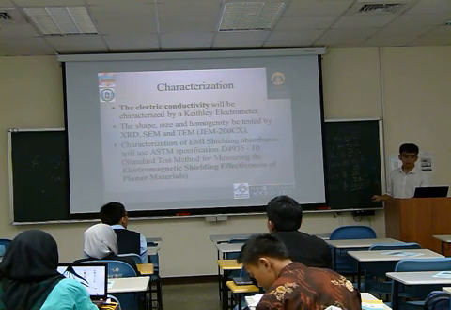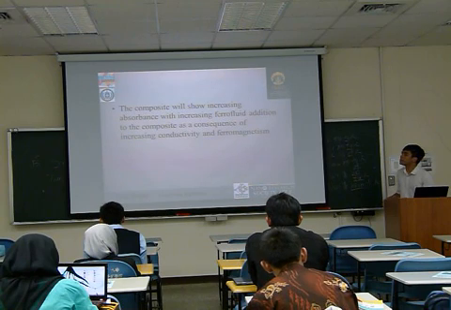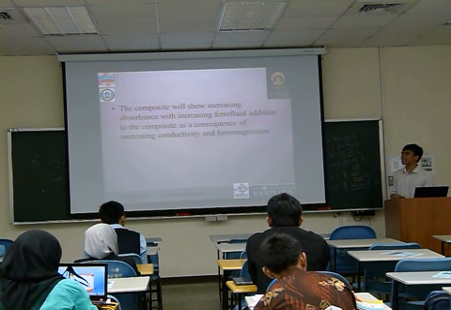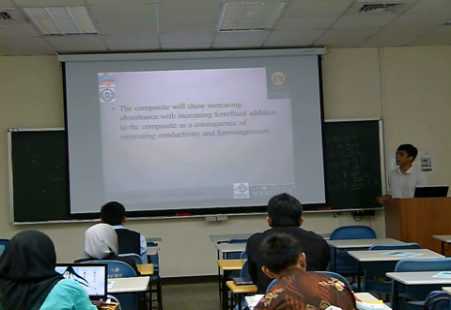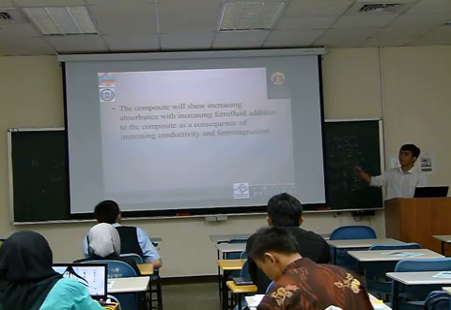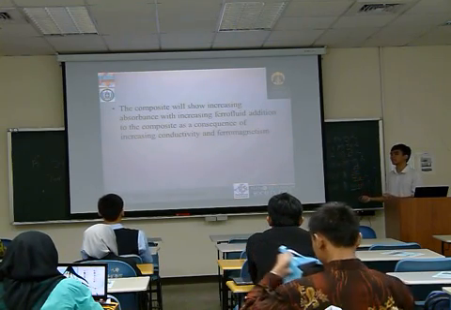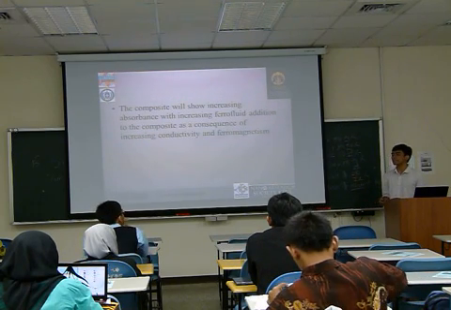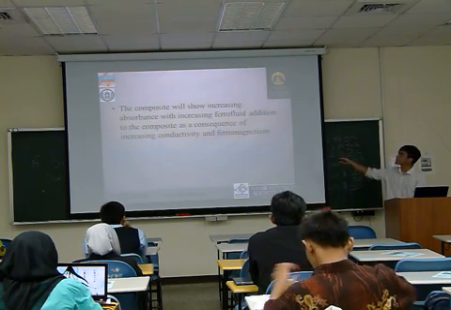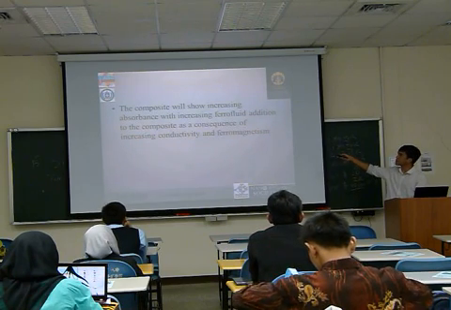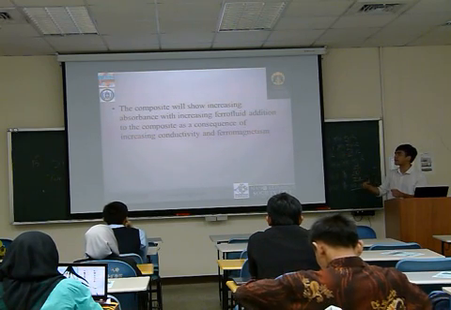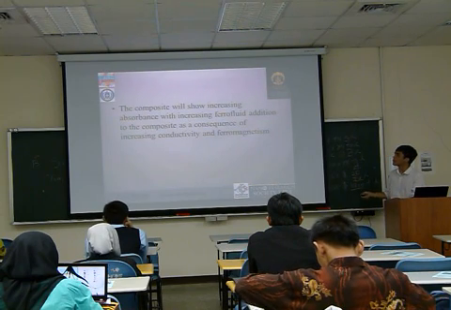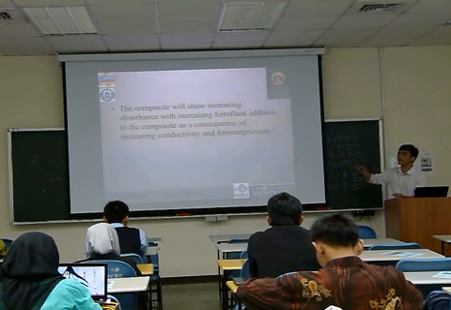From our references study, we can conclude that the composite of polyaniline, which has high electrical conductivity, with ferrofluid, which has high ferromagnetism properties, will show increasing absorbance of radio waves and other electromagnetic waves with increasing ferrofluid addition.